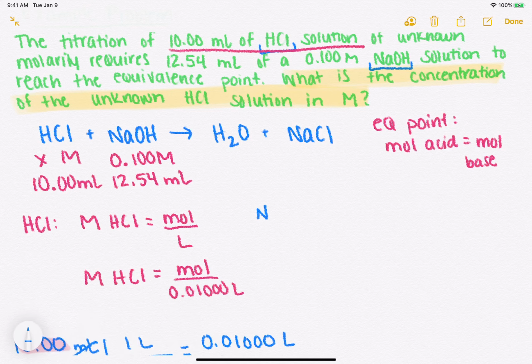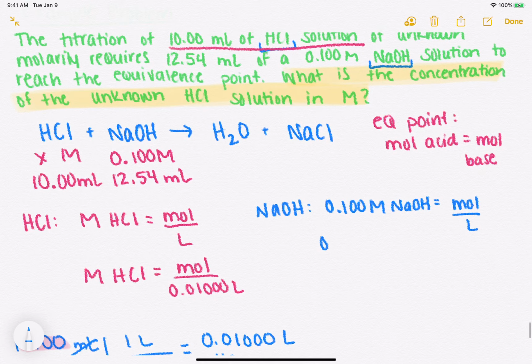And we know that for our NaOH, it tells us that we have 0.100 molar NaOH. We know that molarity is moles over liters. And we don't know the moles. So I've already used x as a variable, so I'll use y as our variable here. So we don't know the number of moles, but we do know the number of liters.